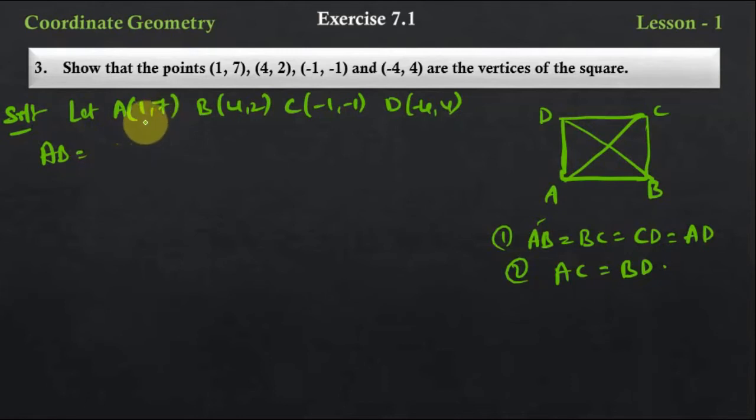So here, this is my x1, y1, x2, y2, right? So x2 is 4, x2 minus x1 is 1, whole square, plus y2 is 2 minus y1 is 7, whole square. Directly I am writing.